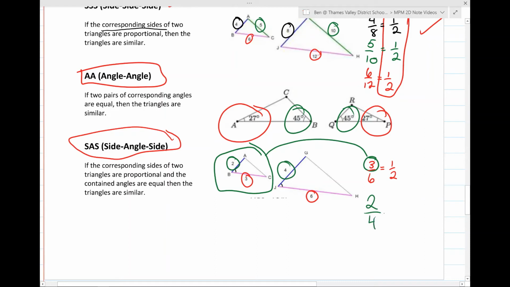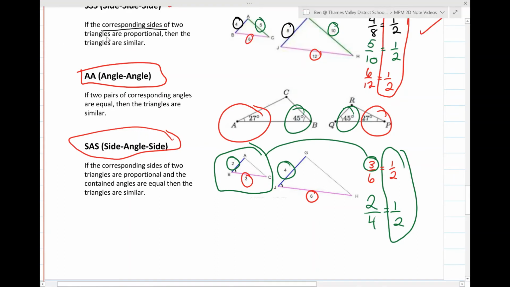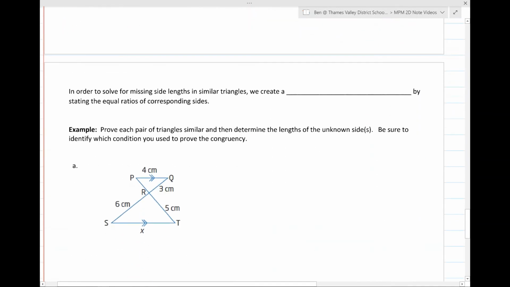So that's 2 over 4 equals 1 over 2. Fantastic. Those have a consistent ratio. And then we just need to double check, do we have an angle contained within that is the same? In this case, yes, we do. B and J are similar. Therefore, we're sitting with side, angle, side. Again, it must be a contained angle like before. Okay, so we'll double check with some examples down here.